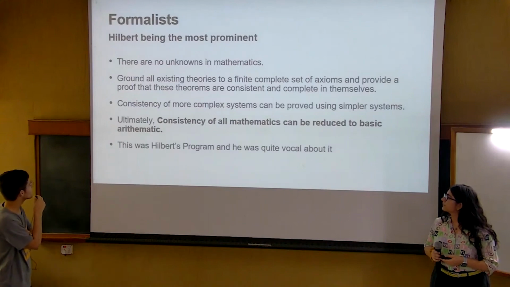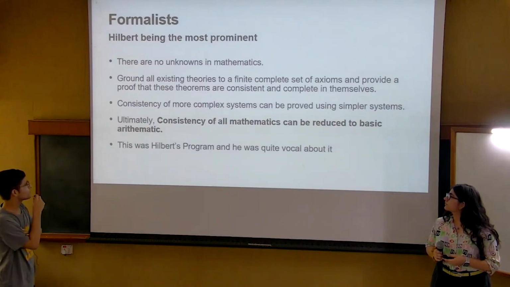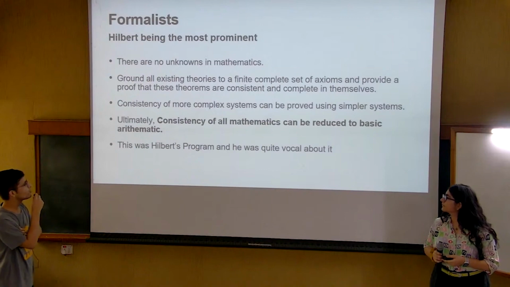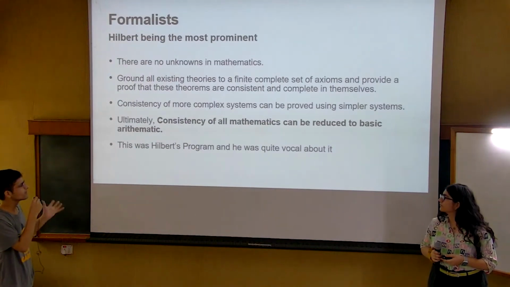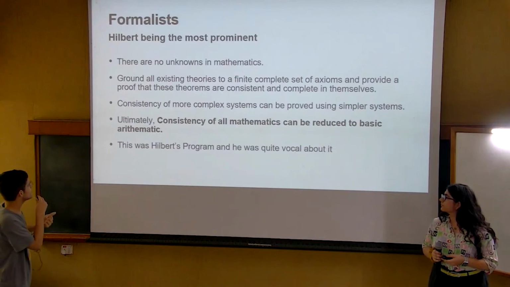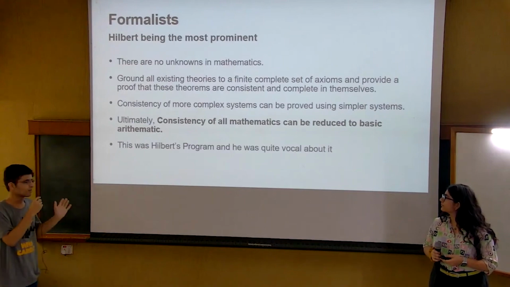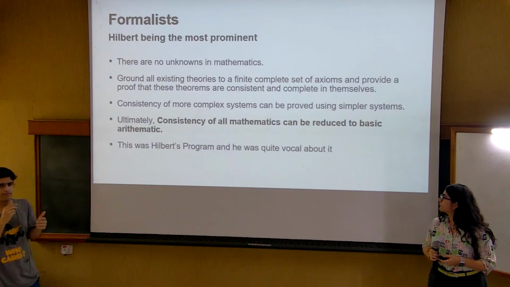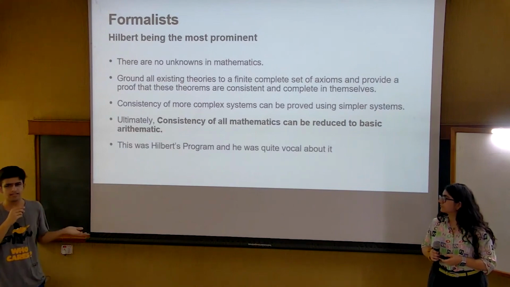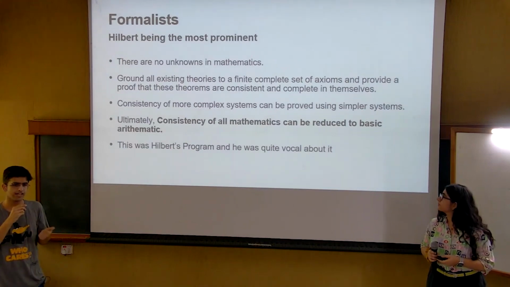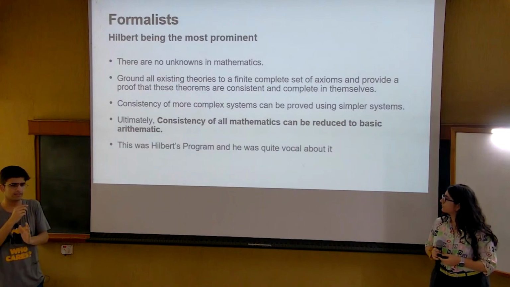He claimed that the system would be consistent, there would be no loopholes in it, and every complex mathematics can be reduced to some basic arithmetic. This was Hilbert's program, and it was quite similar to what physicists thought: the theory of everything. That there's just one theory, and all of physics can be explained by it.